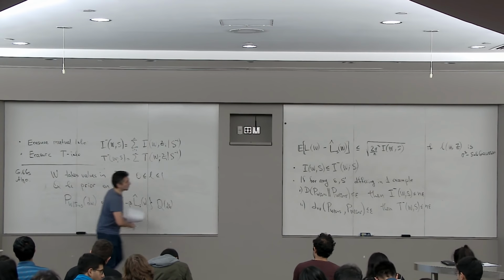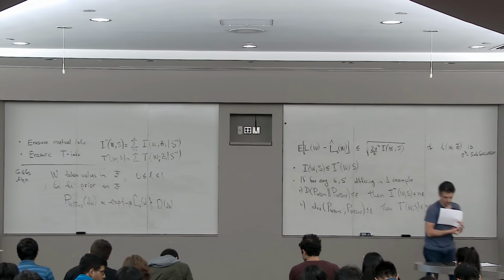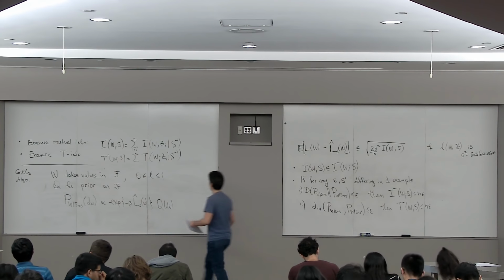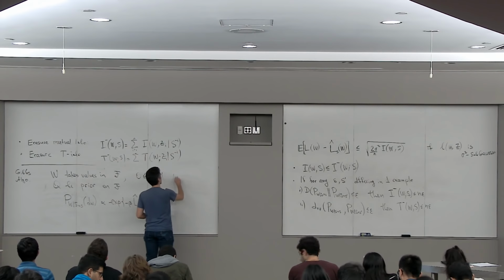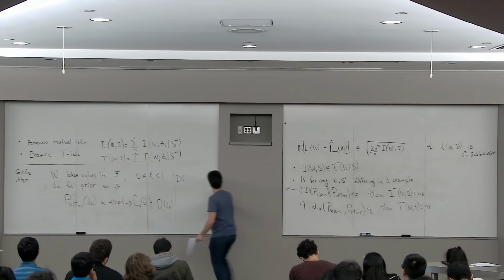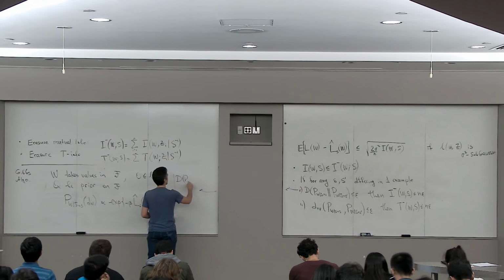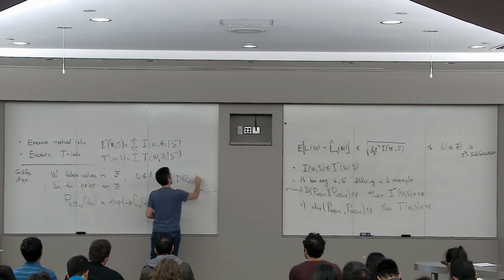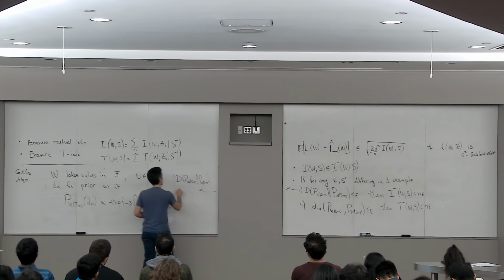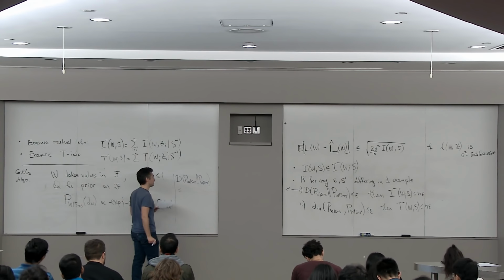Okay, so for this algorithm, let me just state the result. For this algorithm, you can compute that the KL divergence between W given S equal to s, and W given S equal to s prime, is bounded by, can you guess?